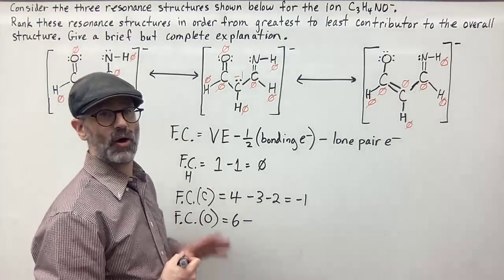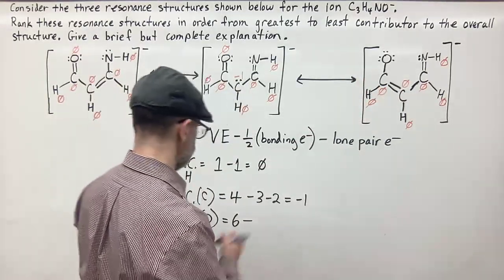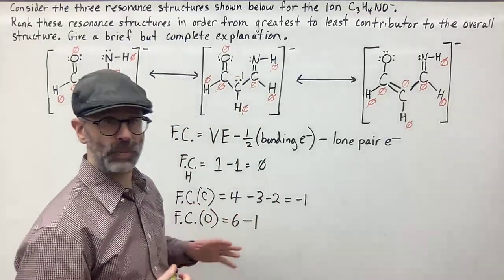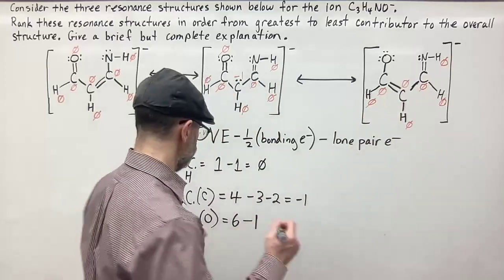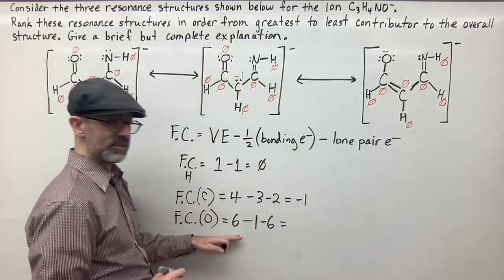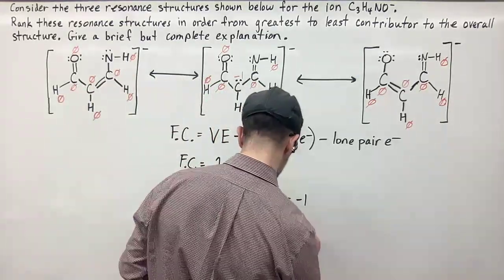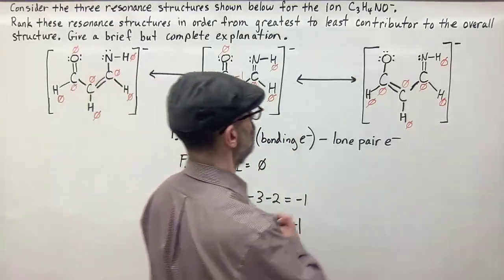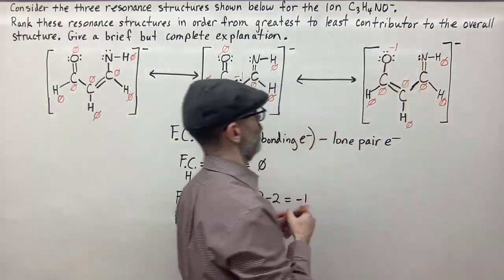We're going to subtract out 1 electron per bond. So that has 1 bond, so we're going to subtract out 1 electron. And then we're going to subtract out the lone pairs. So we have 3 lone pairs. That's 6 electrons, so we're going to subtract out 6. And if you add this together, you get -1. So in this case, the formal charge on the oxygen is a -1.